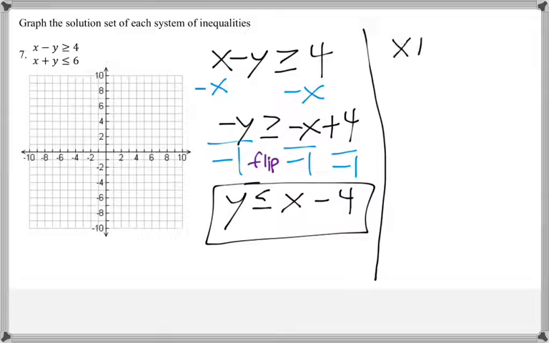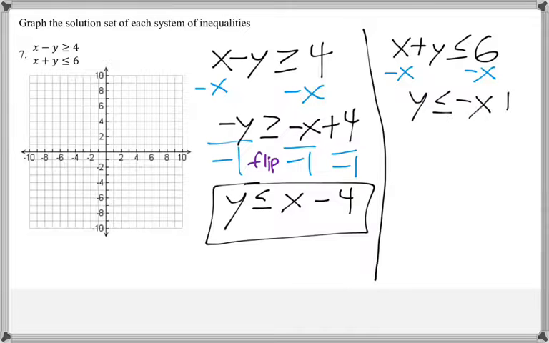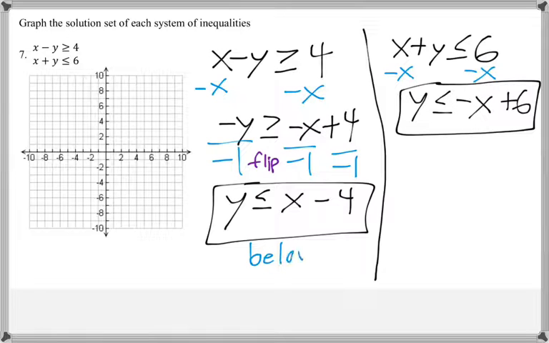The other inequality, I need to subtract x from both sides, and we get y is less than or equal to negative x plus 6. So the first one is going to be shading below, and the second one is also going to be shading below.